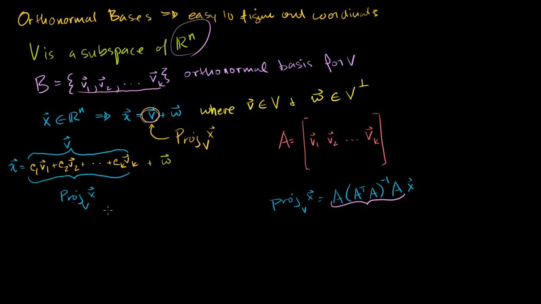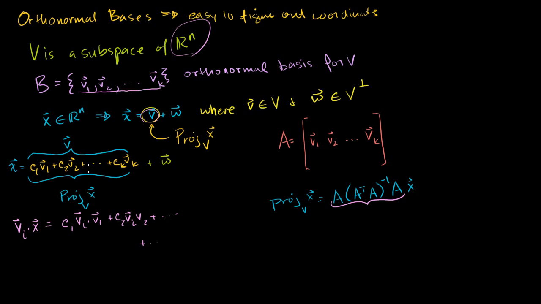Now, what happens if we take both sides of this equation and dot it with one of these guys, let's say vi? So if I take vi dot x, where vi is the ith basis vector in the basis for my subspace V, what am I going to get? This is going to be C1 times vi dot V1 plus C2 times vi dot V2 plus, you're going to keep going.